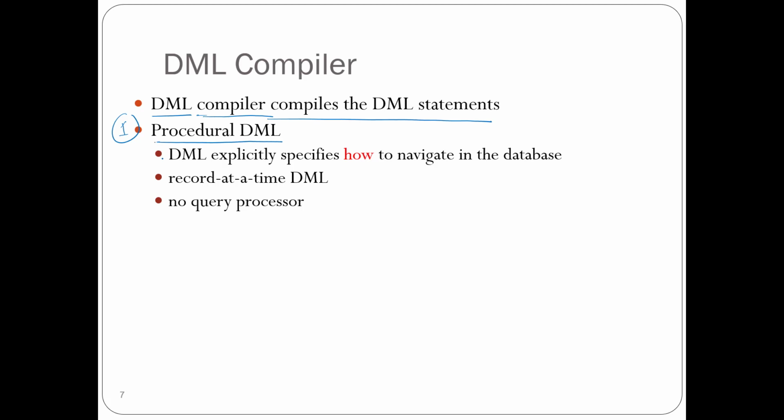All right, so when somebody says procedural DML, we need to understand why we are calling it procedural in the first place. In procedural DML, the user needs to explicitly specify how to navigate the database to find the data, to do whatever we want to do with it. If you remember, we need to retrieve, insert, update, or remove data.